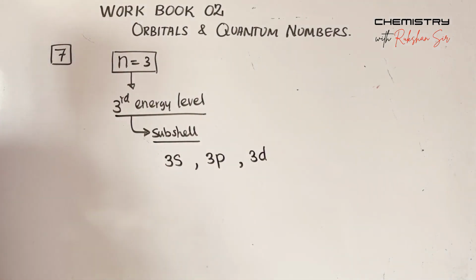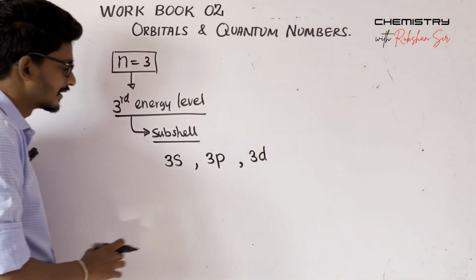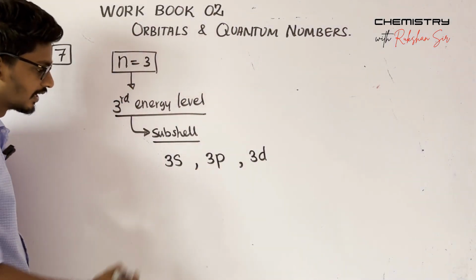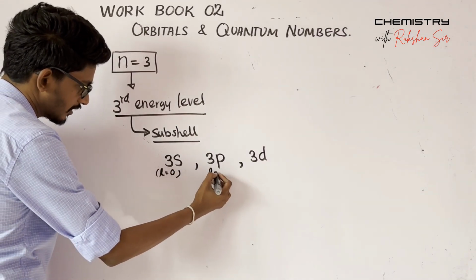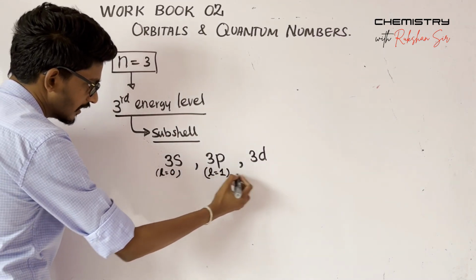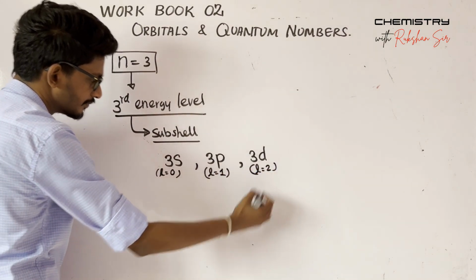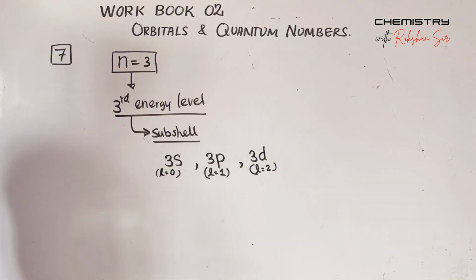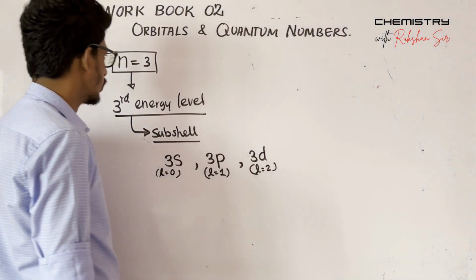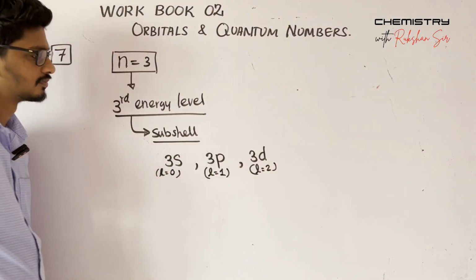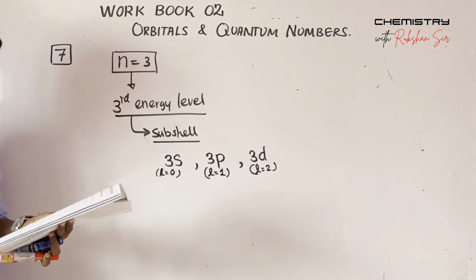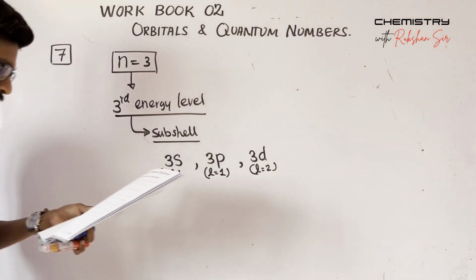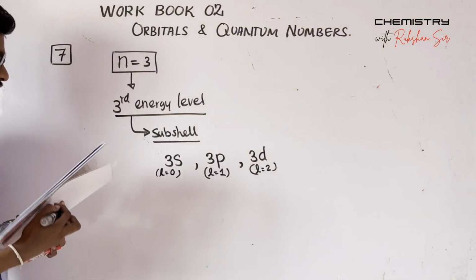With n equal to 3, these are the l values available: l is equal to 0, 1, and 2, that is 0 to n minus 1. Then what are they asking? They are asking for the maximum number of electron pairs.